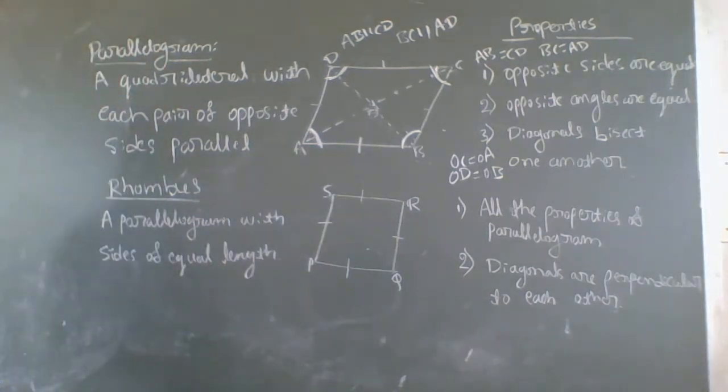This is about the parallelogram. Now we will discuss the rhombus. A rhombus is also a parallelogram, with sides of equal length.